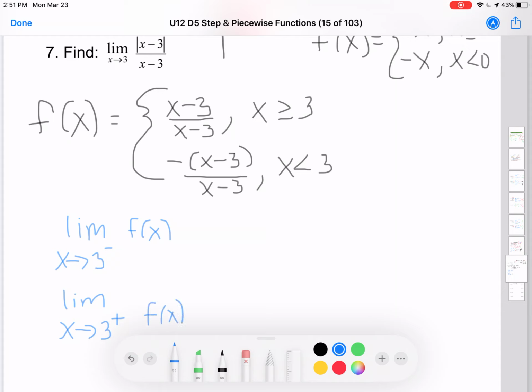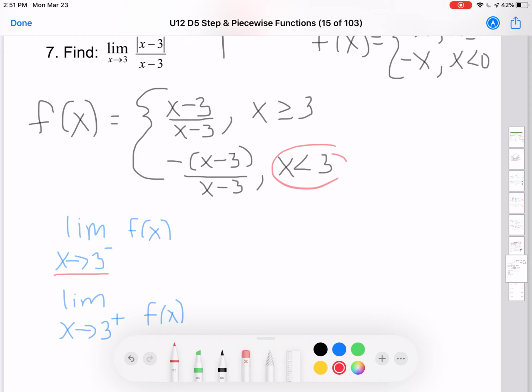All right, so let's see here. As x approaches 3 from the left, that means we're looking at a value a little bit less than 3. Now the problem is you can't just plug in 3 right here. You're going to wind up with 0 over 0. So let's plug in something a little bit smaller than 3, so we'll plug in 2.